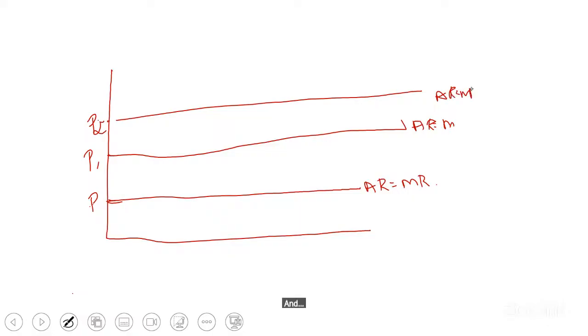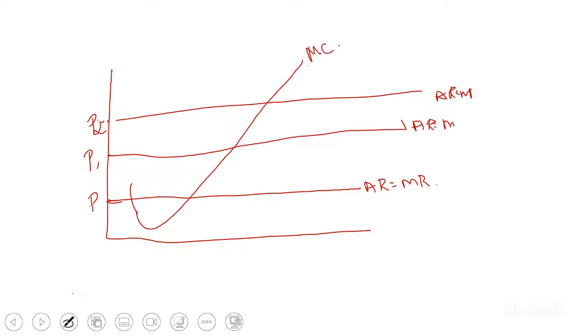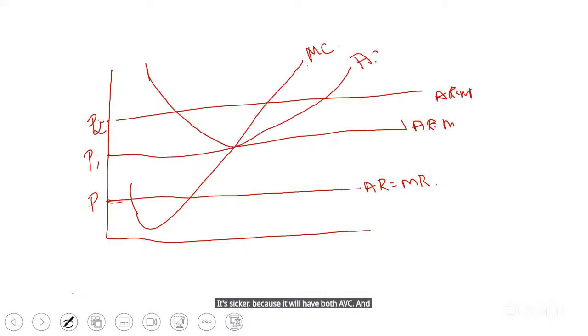We have seen in the production and cost concept that the MC curve is U-shaped. Then I will draw the AC curve because it will have both AVC and AFC.